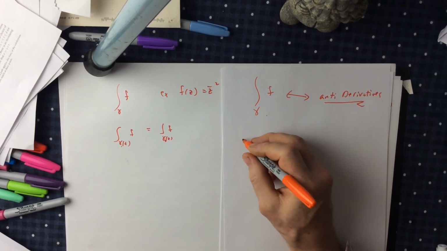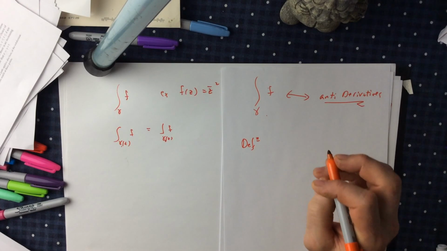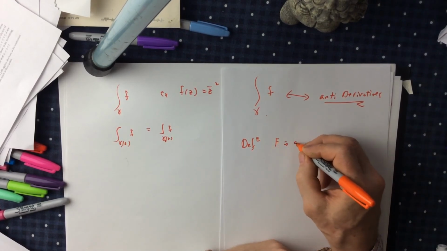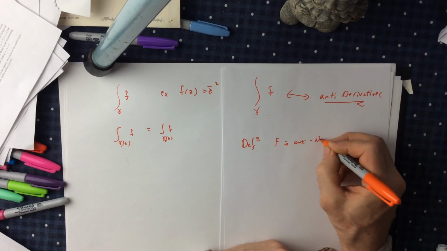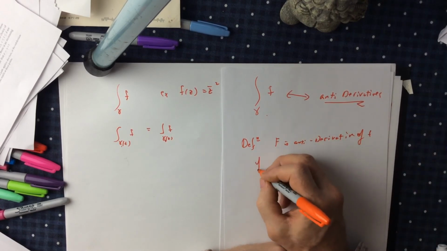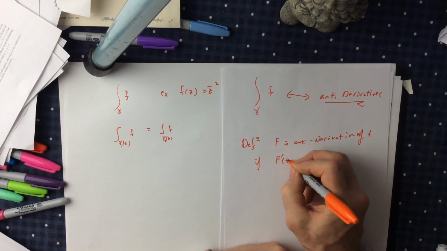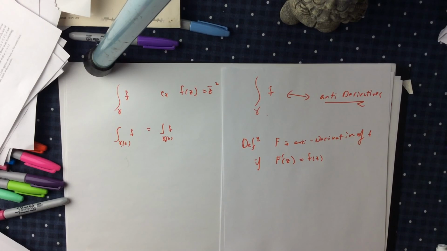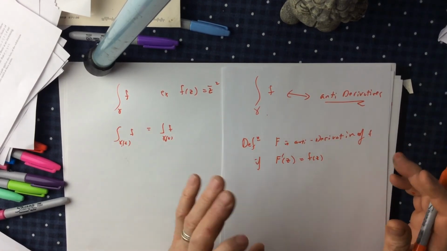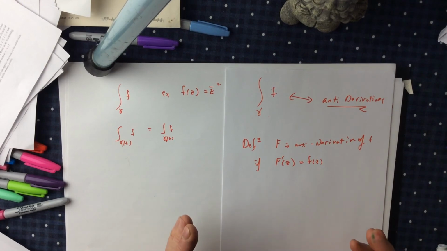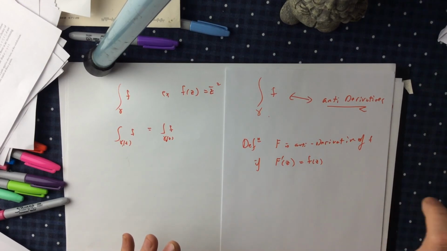So let's make the first definition. We call F an antiderivative of little f if it equals this. Now, in general, we want to talk about differentiation in that topological sense, that we need space. We don't like derivatives on just a simple line.